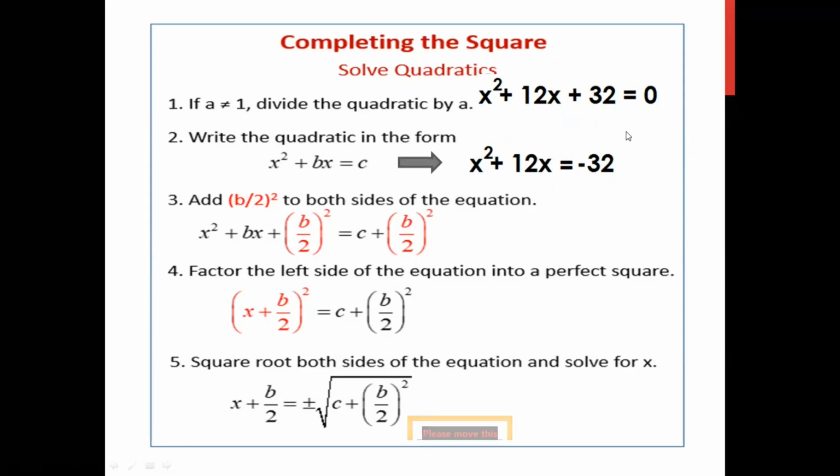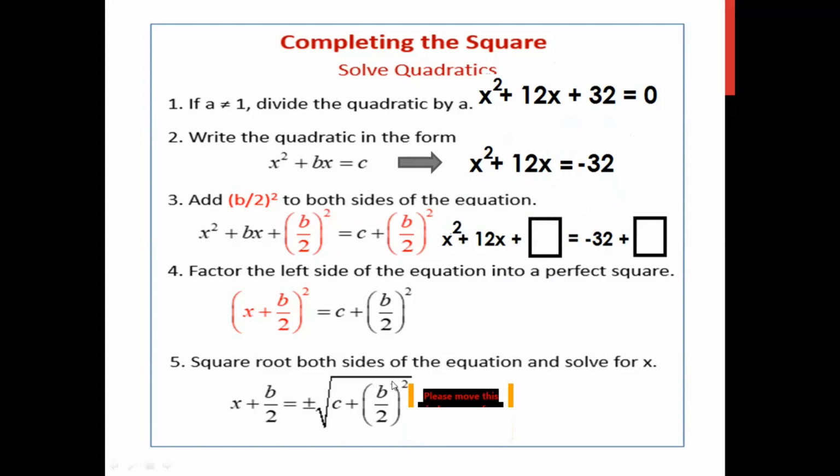Next, add b half squared to both sides. How do we get the b half squared, the third term that makes it a perfect square trinomial? This is our a, this is our b, and this is our c.